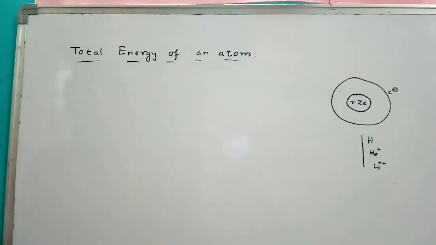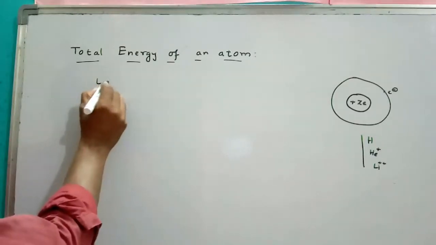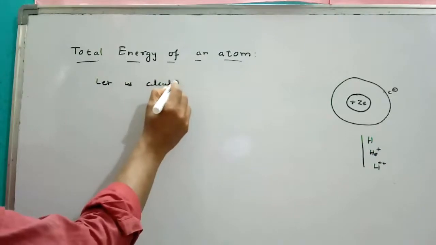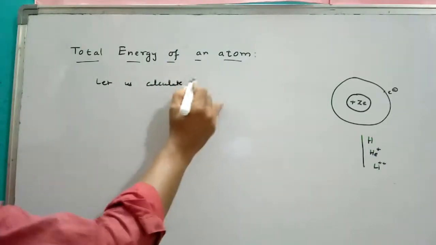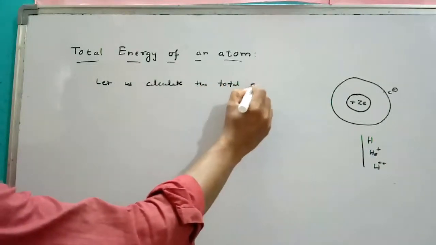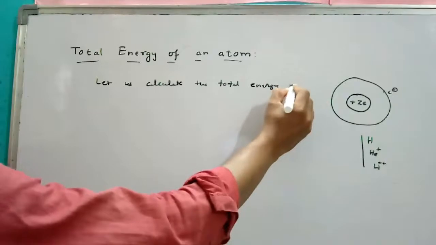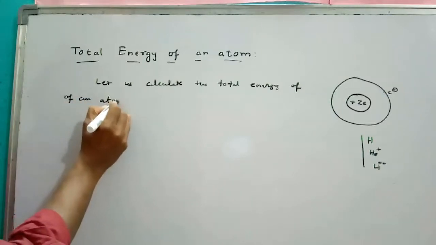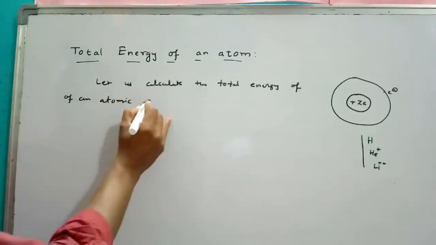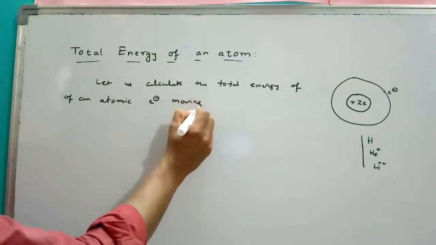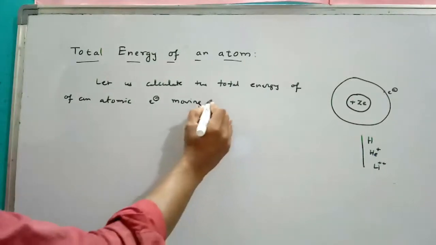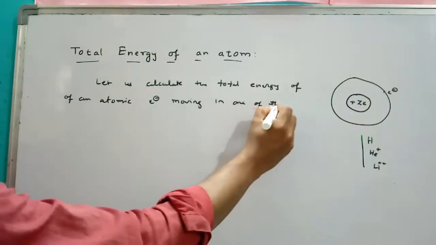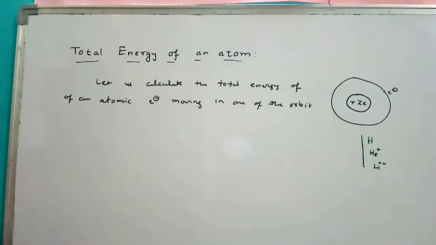Here, the total energy of an atom. Let us calculate the total energy of an atomic electron moving in one of the orbits.